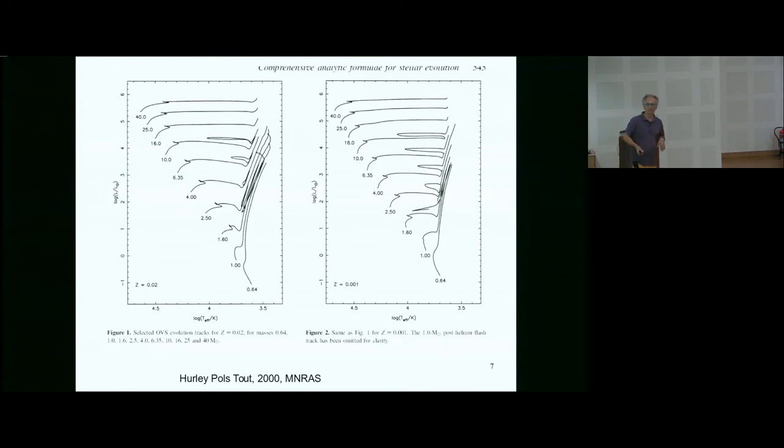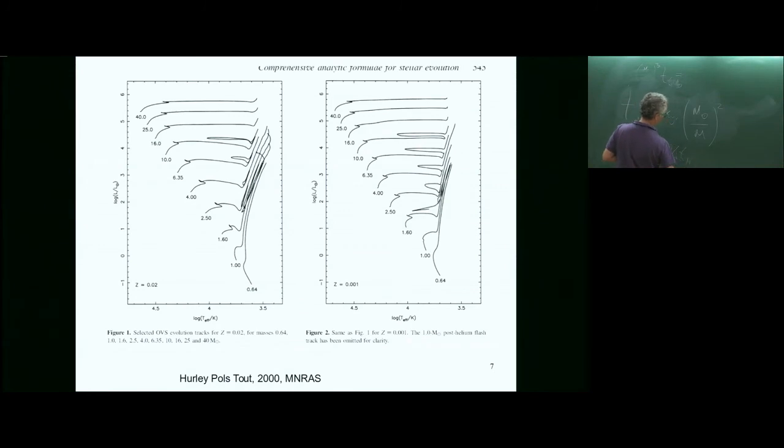And during this time, the radius slowly increases, and then the rest, all of this, happens in less than 10% of the time. So if you know the scaling, then the time beyond main sequence is about 10% of the time on main sequence.